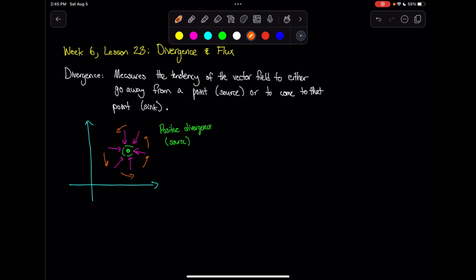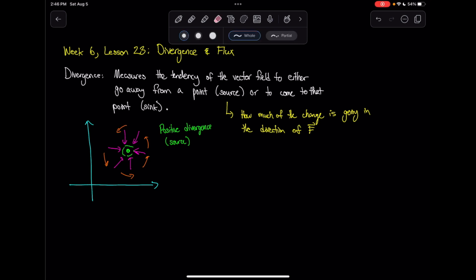And so divergence, in a secondary way of saying this, measures how much of the change is going in the direction of F. Okay, and so what does that mean?